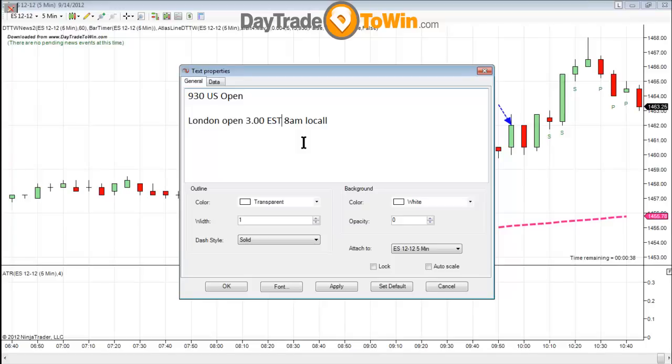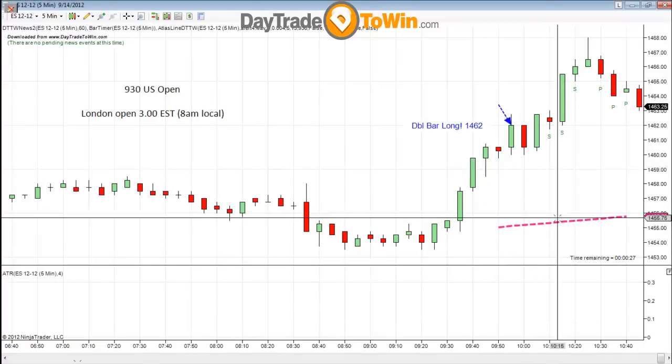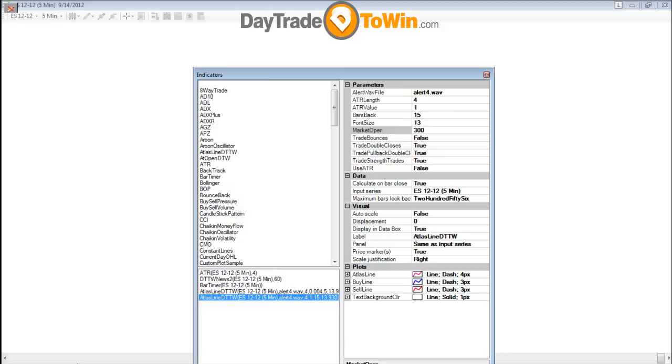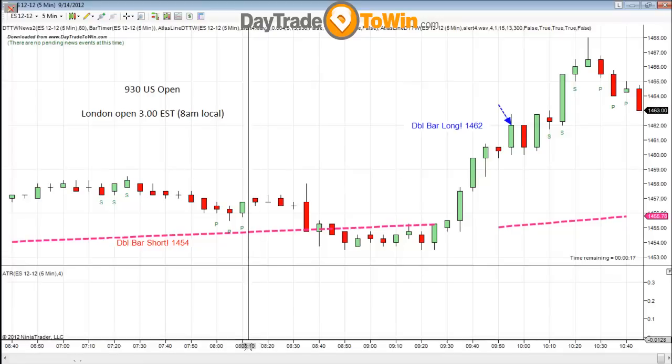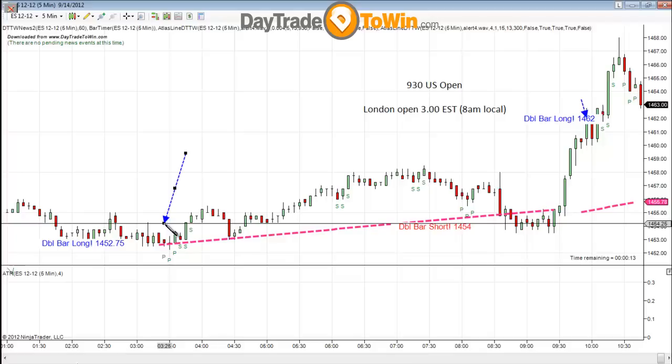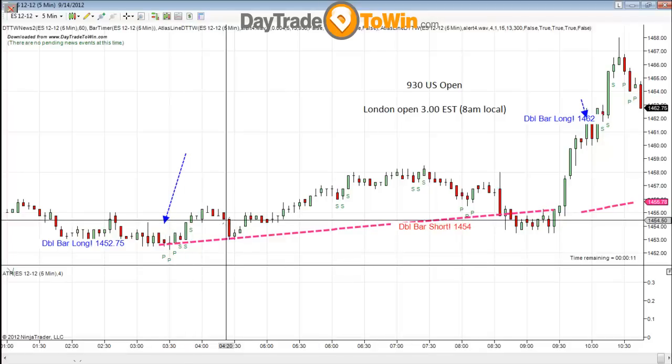So if you want to look at currencies, or other markets, you would change the Atlas line to instead plot, or add a second Atlas line to instead plot at the London Open, right? To catch Forex currencies or future currencies or FTSE, or whatever the case may be. So what do we have? We have here a London Open with the same rules, nothing changes, it's exactly the same.